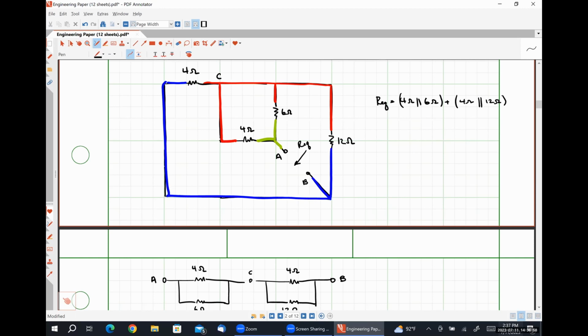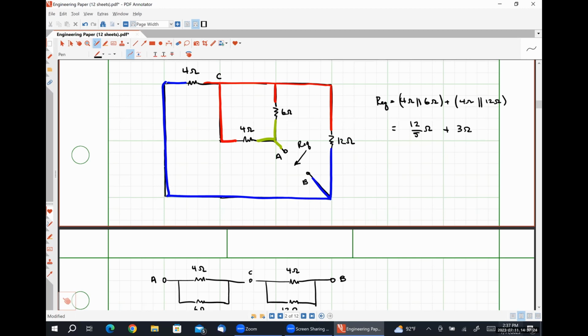So 4 times 6 over 4 plus 6 is 2.4, or 24 over 10, which would be 12 fifths. And then 4 in parallel with 12 is, let's see, 48 over 16, is 3.